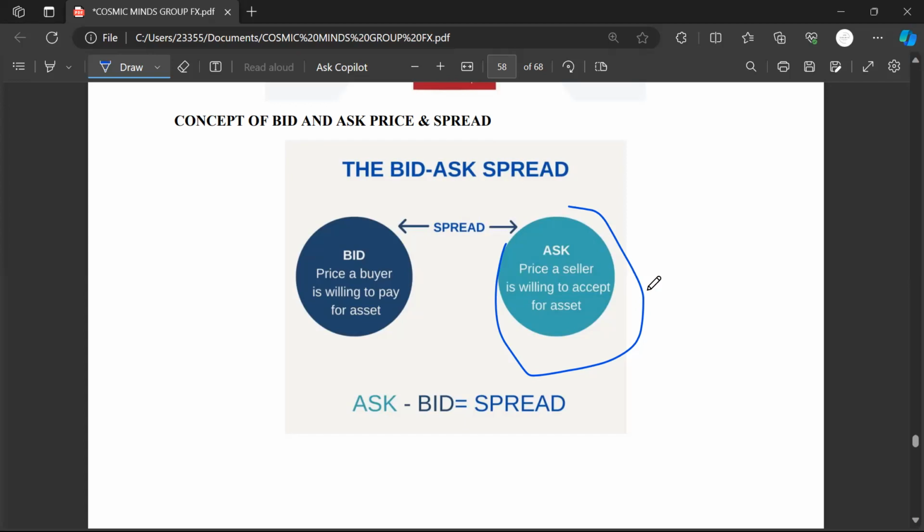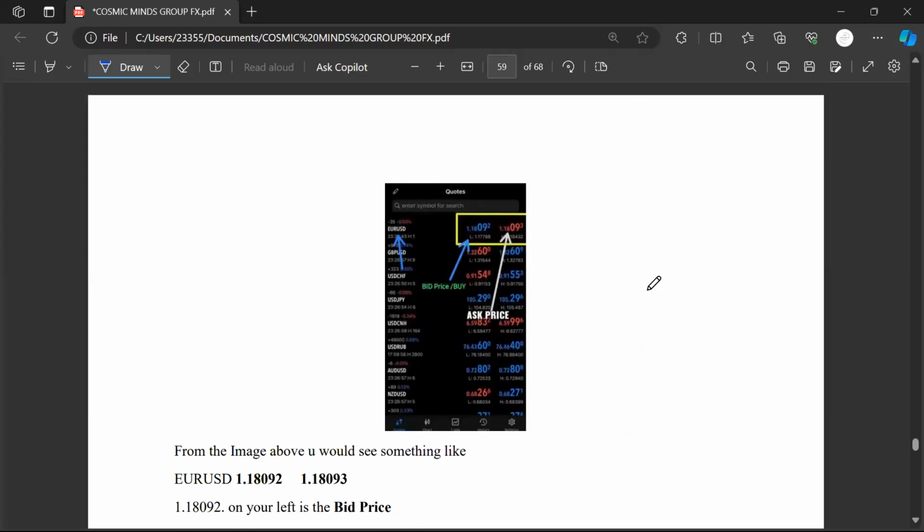So we do them practically. Now practically, if you open your MetaTrader 4, yeah, 4, you can see this, right? So for the Euro USD, you see the bid price, or the buyer's price, on the left.